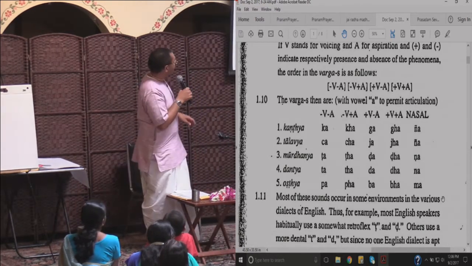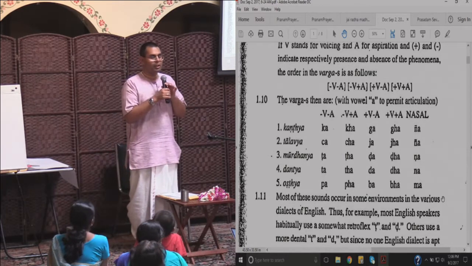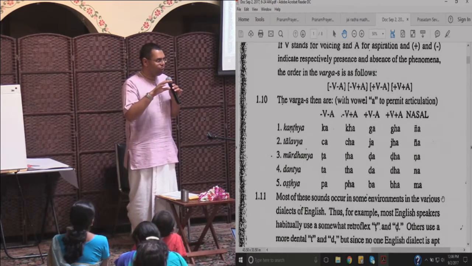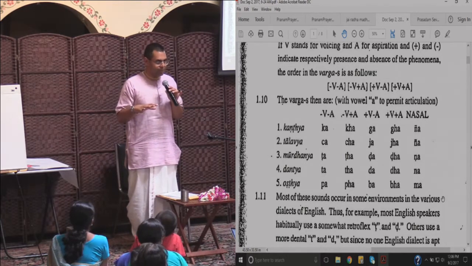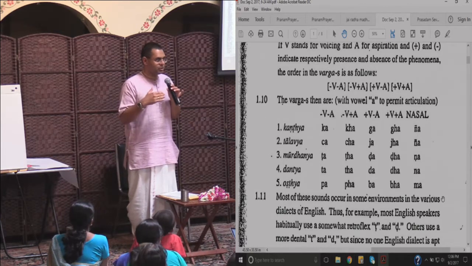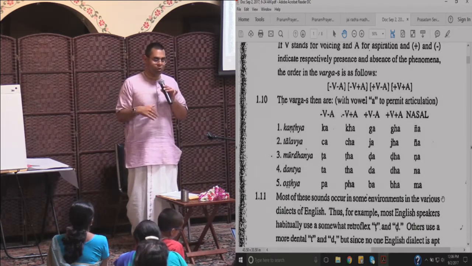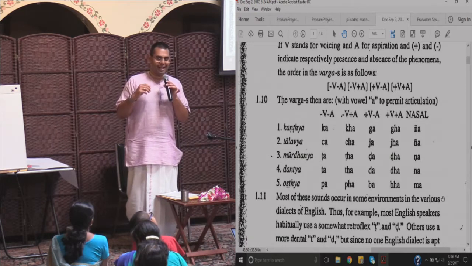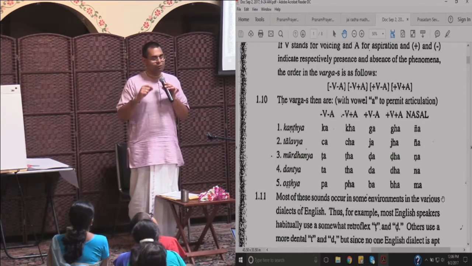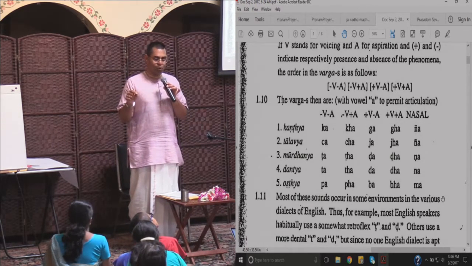Now, the practice of these letters is very helpful, and I'm not going to go around and practice this more because I think most people in this audience know how to pronounce these specific sounds. But if you don't know, then I encourage you to practice these sounds first.